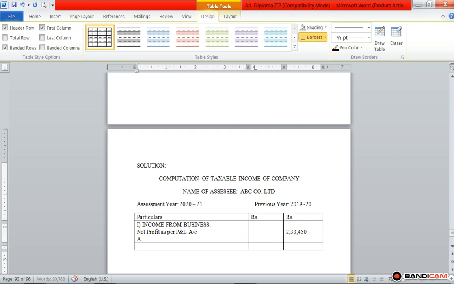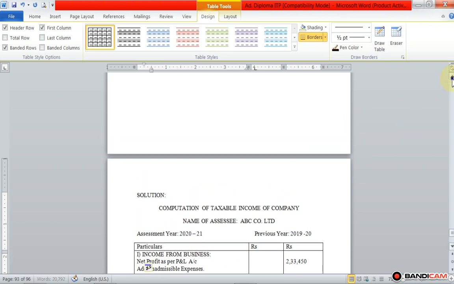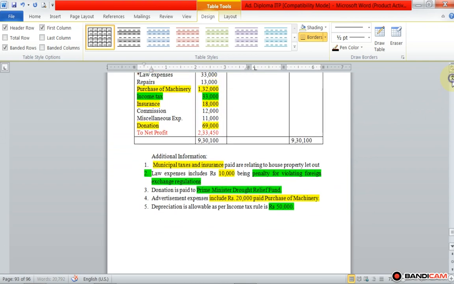Then we add inadmissible expenses, that is, disallowed expenses. We already found the disallowed expenses, which are recorded on the debit side of the profit and loss account.